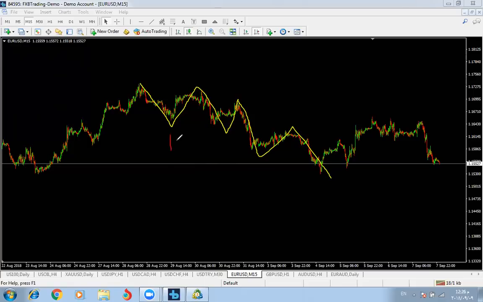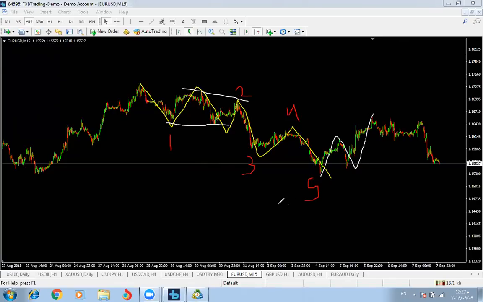This is wave 1, this is wave 2, this is wave 3, this is wave 4, and this is 5. For wave 2, all this corrective structure is known as running flat. Our next move was like this: A, B, C to the upside.